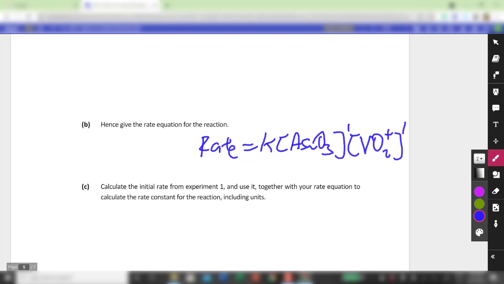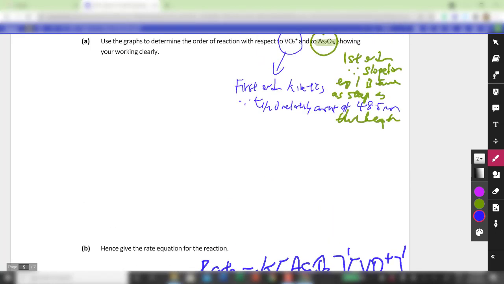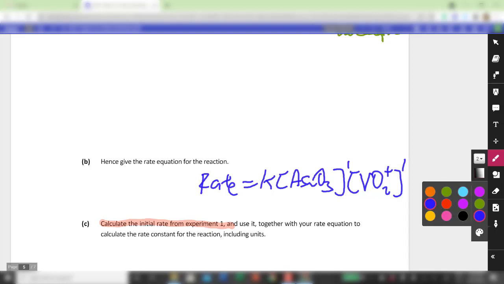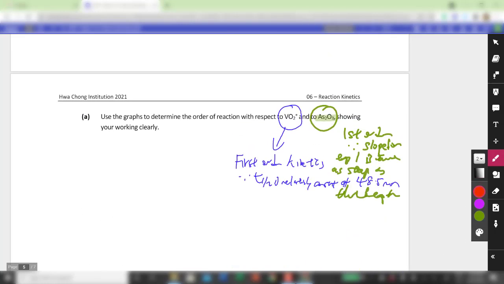Then finally, calculate the initial rate from experiment 1, and use it together with your rate equation to calculate the rate constant for the reaction, including the units. You would have done this in your earlier parts, for part A, when you actually measure the slope.